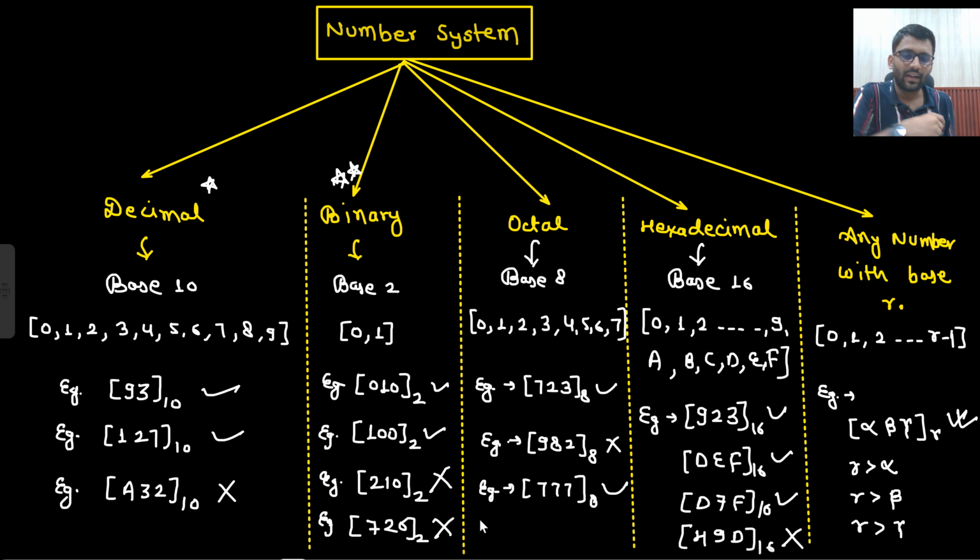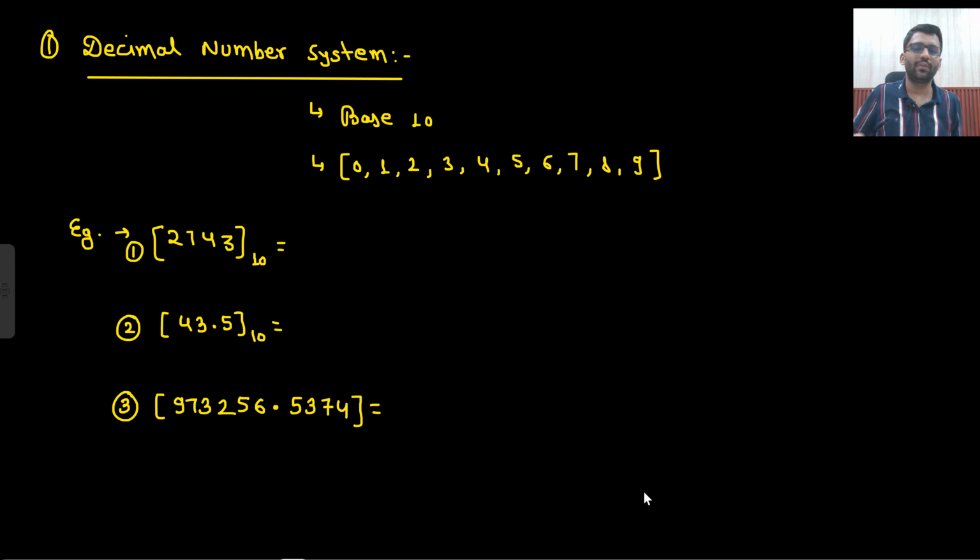Okay. And other examples, let's just say here I take examples with a point. If I am writing 72.32, yes, certainly it is acceptable. If I take 729.32, this is acceptable, right?